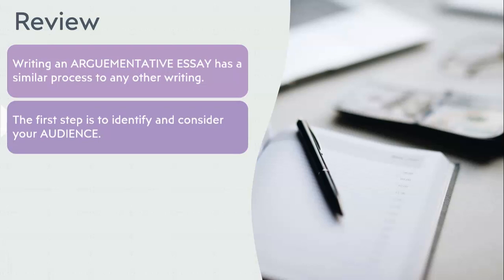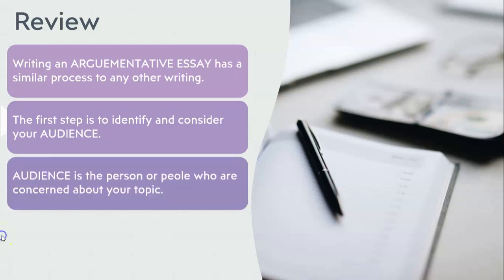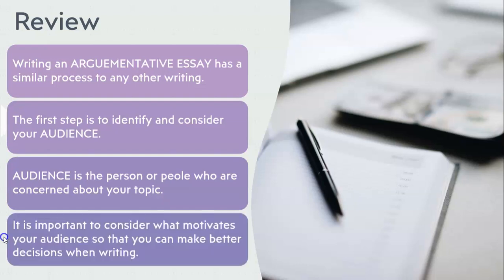The first step is to identify and consider your audience. Audience is the person or people who are concerned about your topic. And it is important to consider what motivates your audience so that you can make better decisions when writing. Tomorrow, we're going to be talking all about taking a position and moving through the pre-writing step. So understanding your audience, muy important.